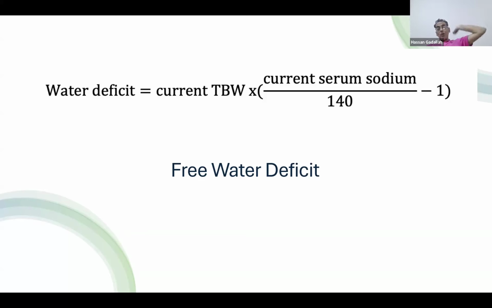I was using this formula before, but now there are a lot of mobile applications which contain all the calculators in medicine. For example, I use the Medscape application for whatever calculation I need. So I just go to the free water deficit calculator in Medscape and calculate.